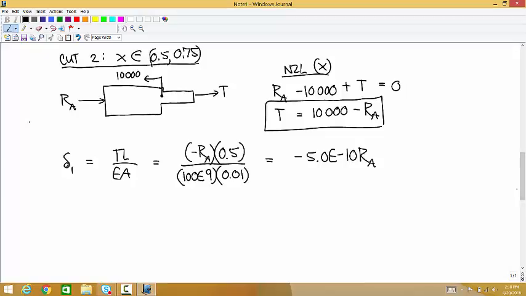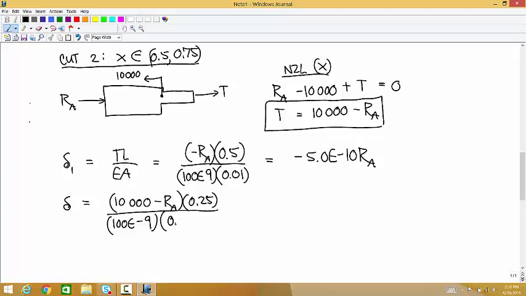And then the elongation for the second part, our T is the quantity 10,000 minus RA. The length is 0.25. The Young's modulus is 100 times 10 to the 9.